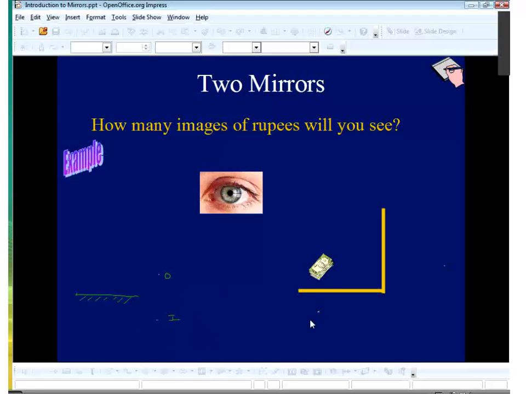So this will act as object for this mirror and image will be somewhere here. And likewise this will act as object for this mirror, but then you will find that it will make the image at the same point. So there won't be 4, but there will be only 3 images overall.